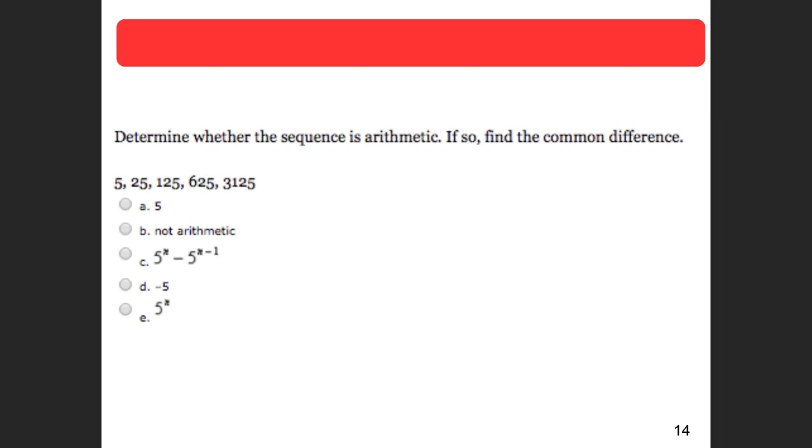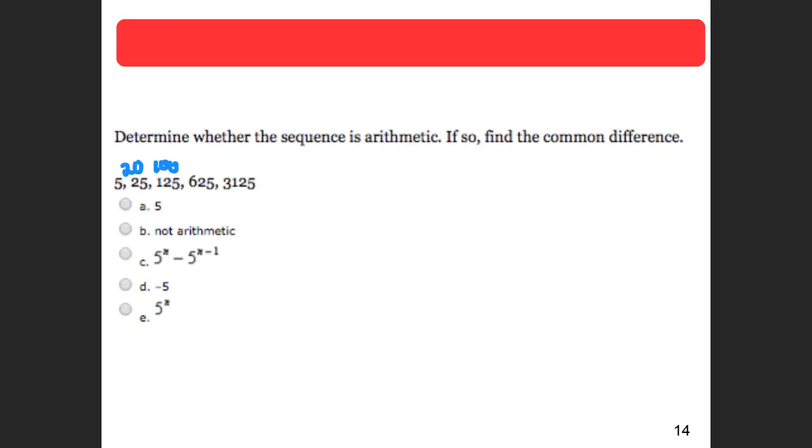Then what is the common difference? Okay, because remember, you have to add that number each time. So when I look at this problem, if I go from 5 to 25, I'm adding 20. If I go from 25 to 125, I'm adding 100. If I go from 125 to 625, I'm adding 500.